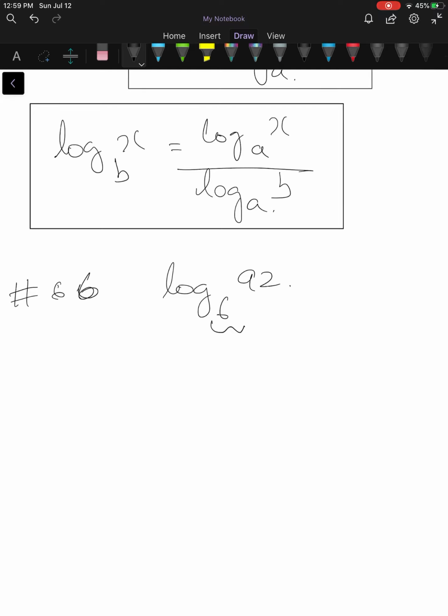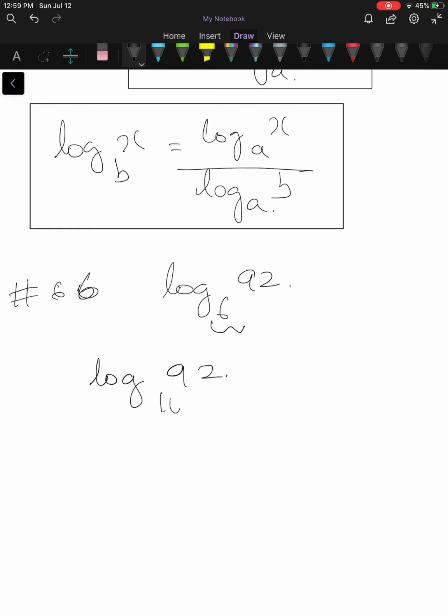So here you have base 6. To convert it to natural logarithm, you have to convert 6 to e, or if you have to use common logarithm, you have to convert 6 to 10. I will do both so that we will know how to solve it.